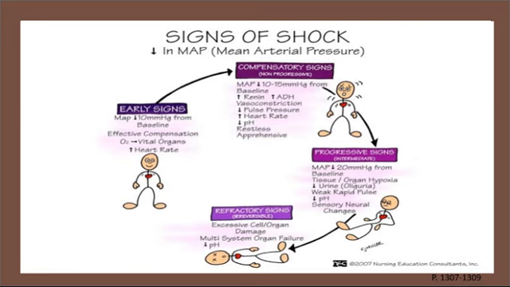Then you get to where the body tries to compensate, but your mean arterial pressure is now dropping 10 to 15 from their baseline. So they're running like 108 over 60, 100 over 60. So they're between 10 to 15 millimeters of mercury drop in their baseline pressure.